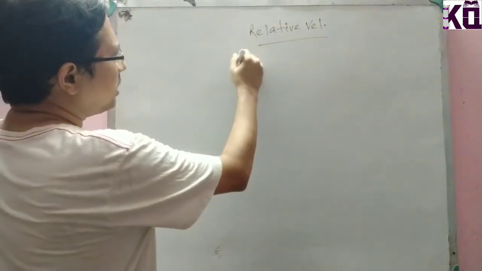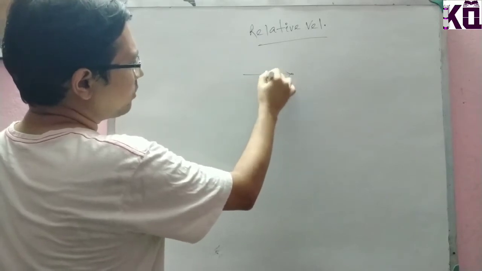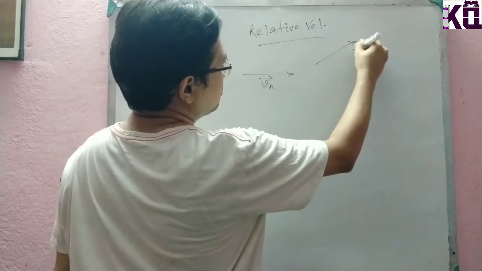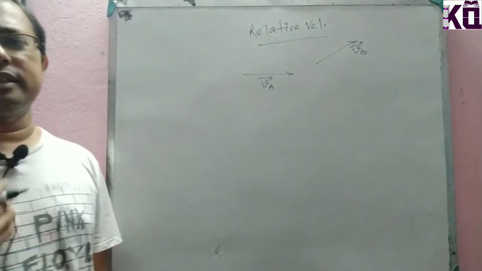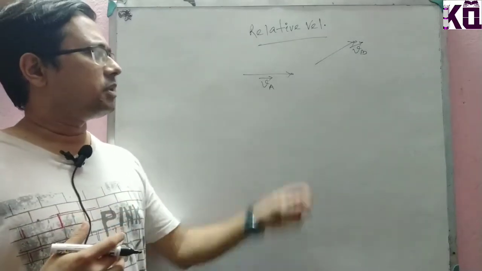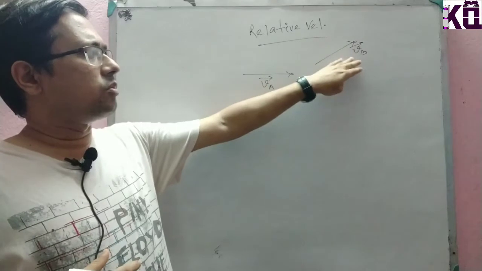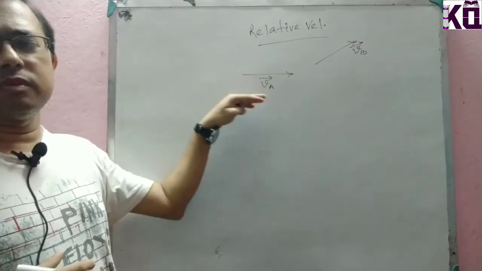Say VA is the velocity of A in this direction. Say another material B is moving in a particular direction, and VB is its velocity. So this is the direction of VB and this is the direction of VA.